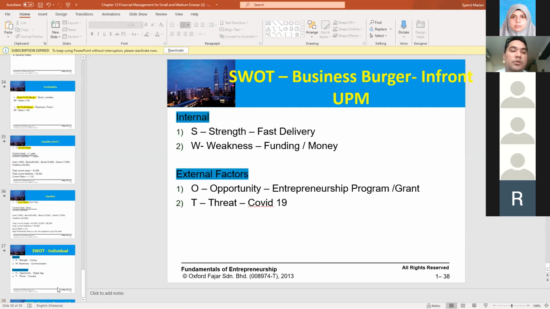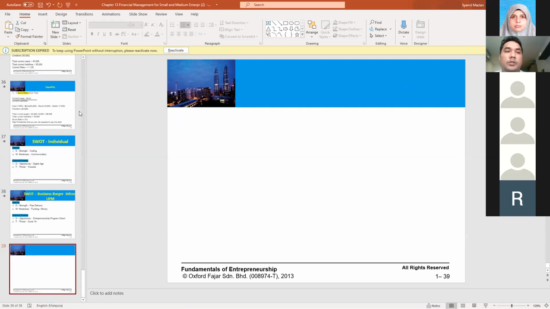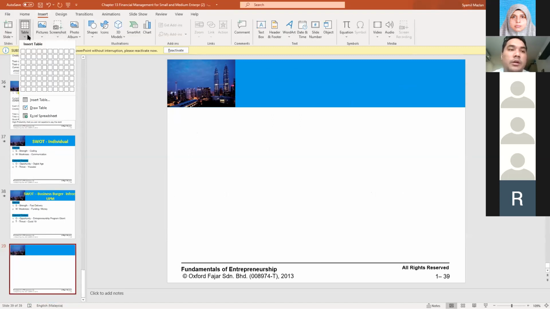Okay, so in the analysis, how you want to make it, actually the SWOT should be made like this.